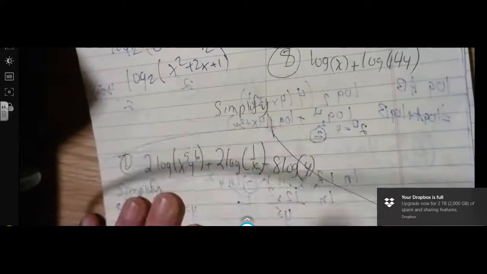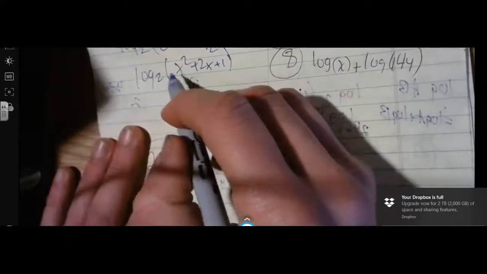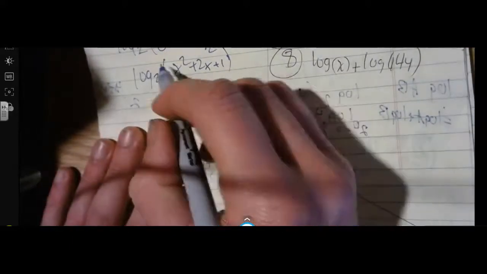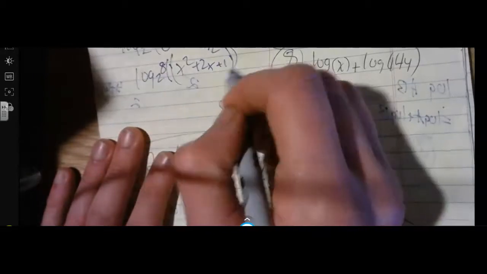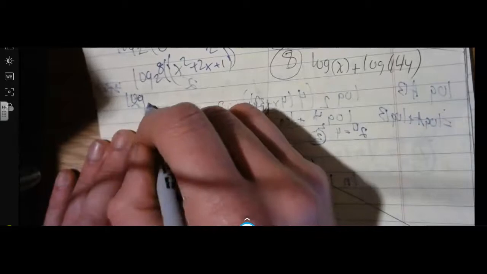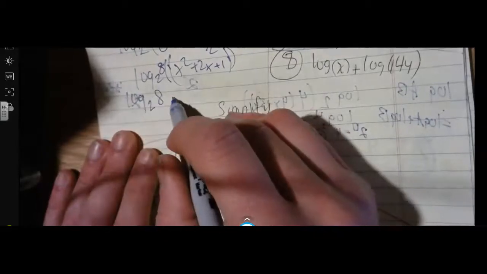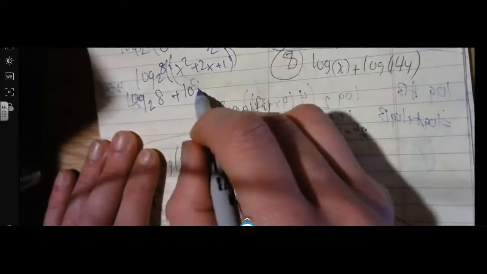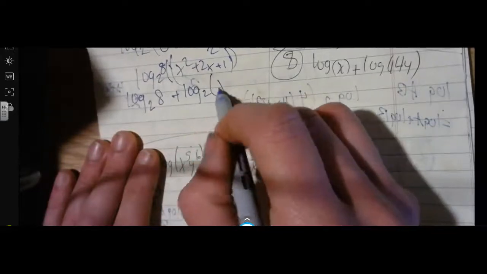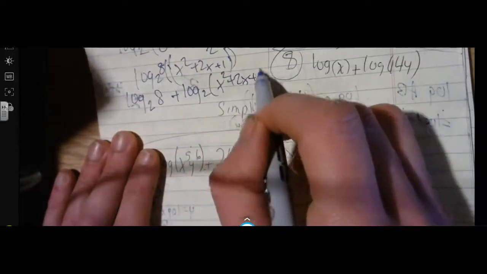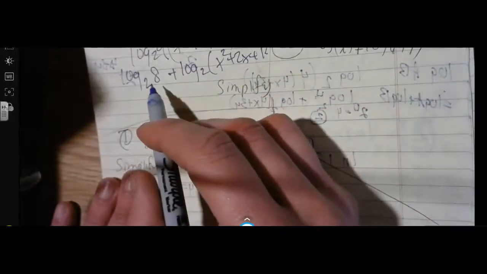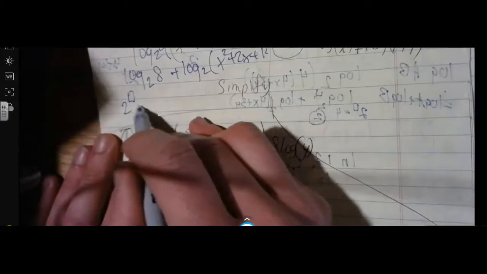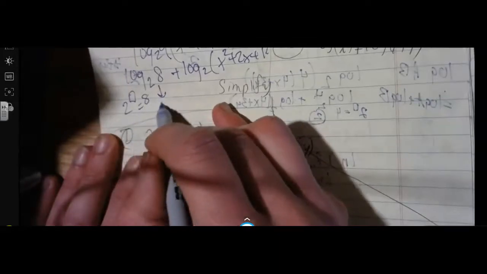So now that you have that, you can have log base 2 of 8 plus log base 2 of x squared plus 2x plus 1, which means we know this part's going to be 3, so it's 2 to what power equals 8, so this is going to be a 3 right here, so it's going to be 3 plus.